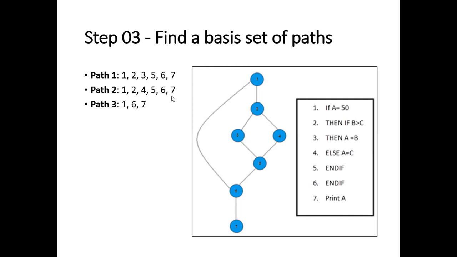So these are the basic set of paths. It means basically what are the nodes that I am passing when going from the starting point to the ending point. These are very easy, right?